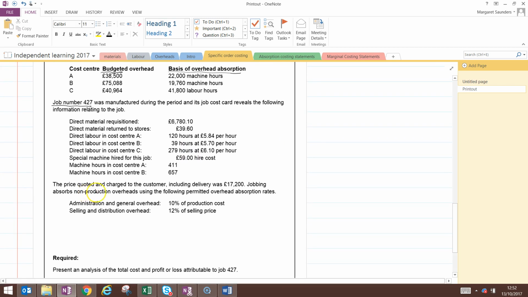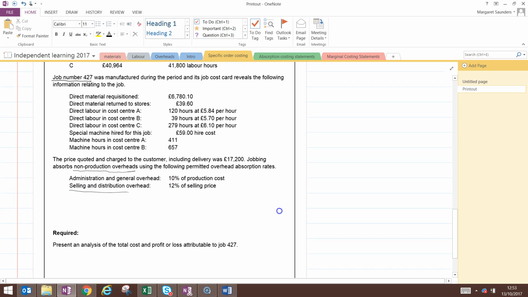We're told that the price quoted and charged to the customer including delivery was £17,200. And we've been told how this organisation deals with its non-production overheads. So administration and general overhead is 10% of the production cost, and the selling and distribution overhead 12% of the selling price.